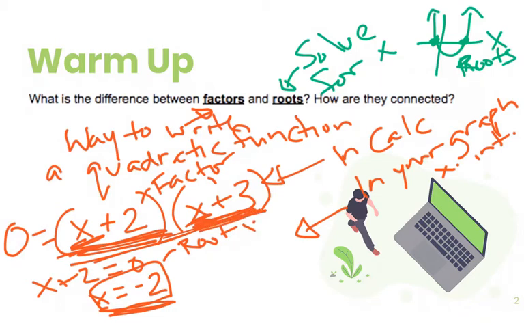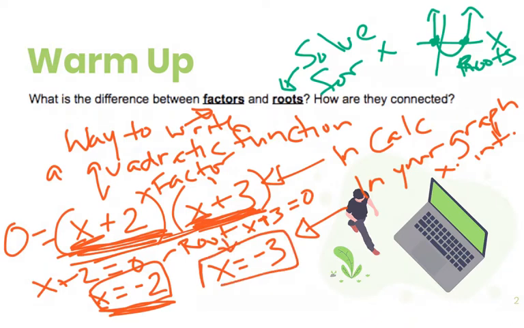And so if I set that equal to 0, x plus 3 equals 0, all right, then you'd subtract 3 on both sides, and your other root should be x equals negative 3. Okay, so your two factors are x plus 2 and x plus 3, right? They're what's being multiplied together to give you that quadratic function. And your roots are x equals negative 2 and x equals negative 3.